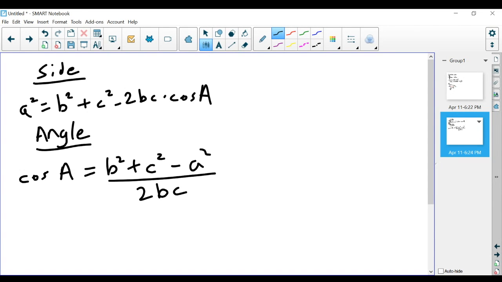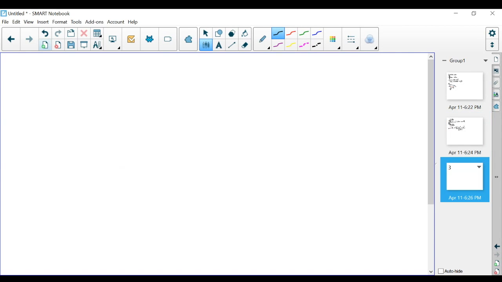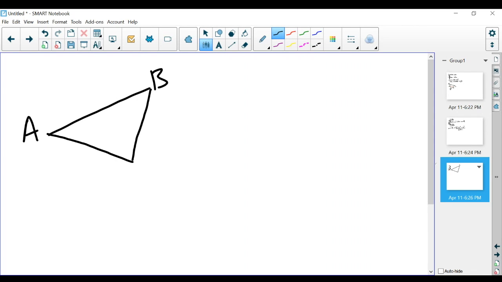So let's go ahead and try out an example where we need to solve for a side of a triangle. So let's say, for example, we have triangle ABC, and we are given this angle as 32 degrees.